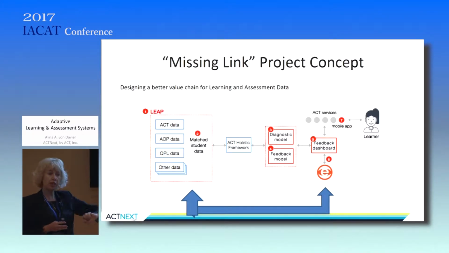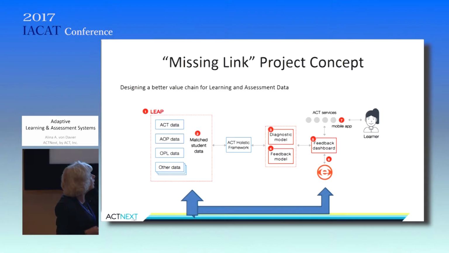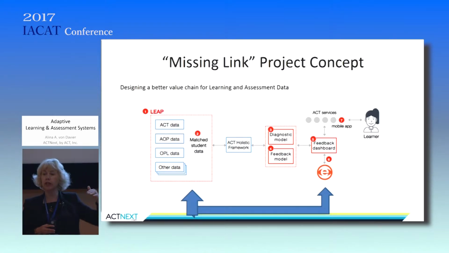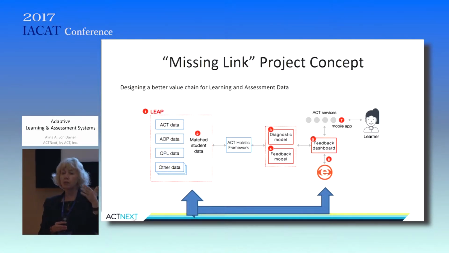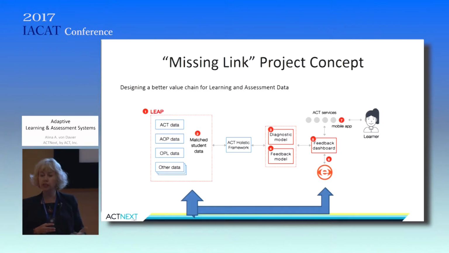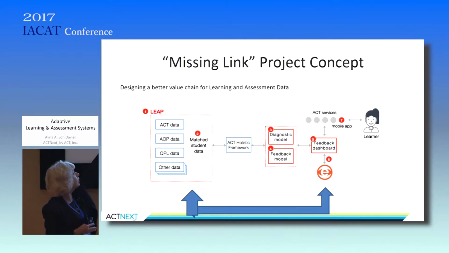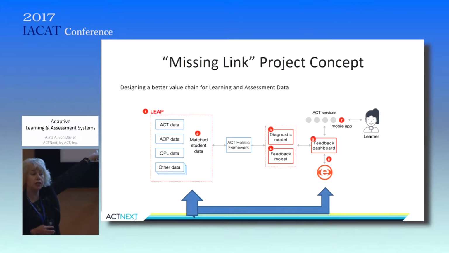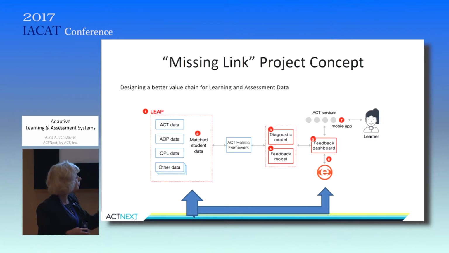The nice part about that is that our instruments at the item and content level are being tagged to this holistic framework, which is quite detailed, quite fine-grained. So you have a hierarchical structure of skills, sub-skills, and so on. And we matched all of our instruments to that content. This is actually quite an important piece for what I'm trying to say today.